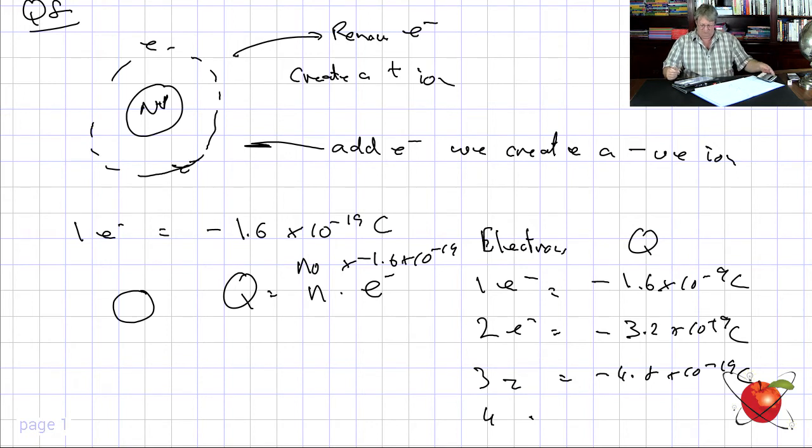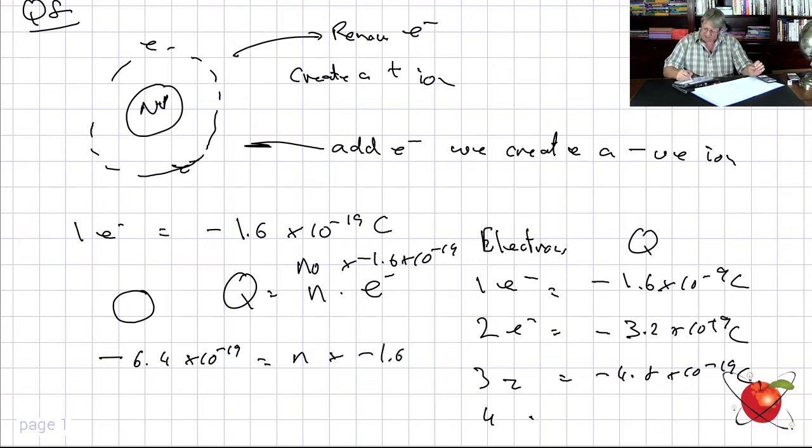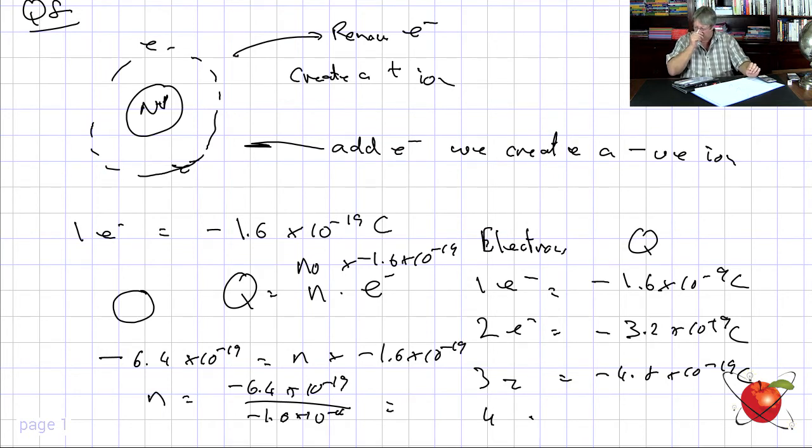So if I know the charge on the ion is minus 6.4 times 10 to the minus 19, that's Q, equal to N times minus 1.6 times 10 to the minus 19. Therefore the number of electrons is minus 6.4 times 10 to the minus 19 over minus 1.6 times 10 to the minus 19, which equals 4. 6.4 divided by 1.6 equals 4.